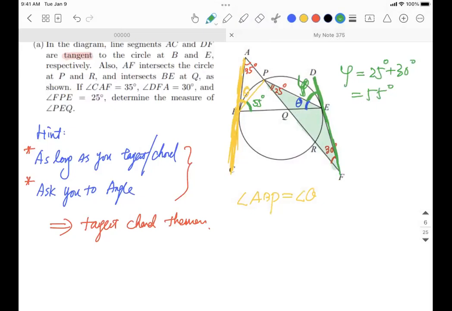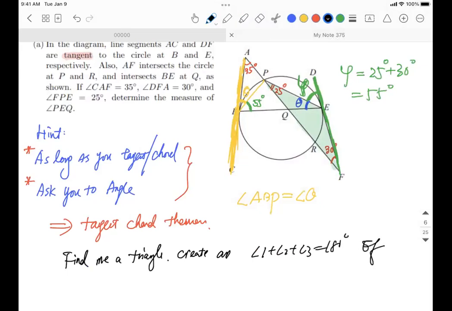The million-dollar question is, can you find me a triangle and create an angle 1 plus angle 2 plus angle 3 equals 180 degrees equation? And if that equation only has theta, then your work is done.